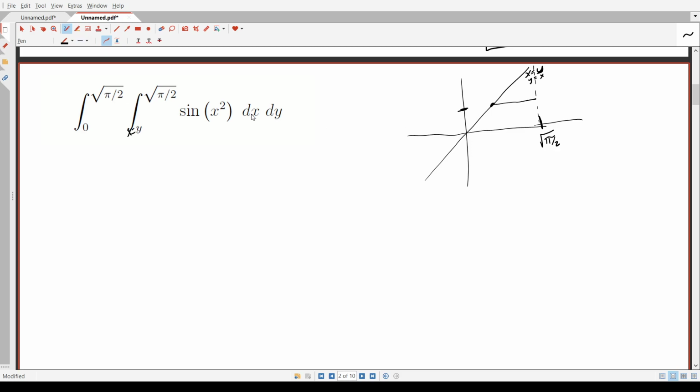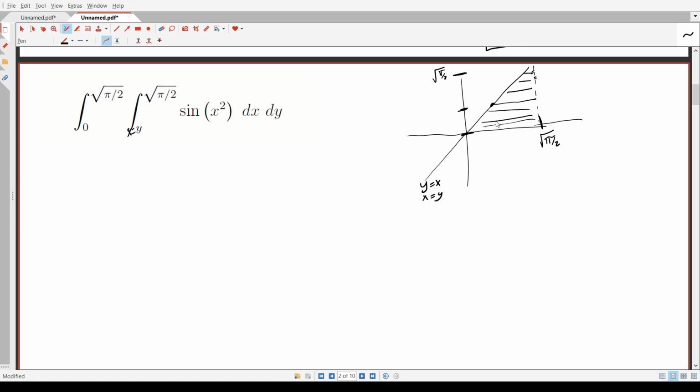And then for the y values, the y values are going from 0 all the way up to root pi over 2. So this is the line y equals x or x equals y. That way we're integrating all of these strips right here.